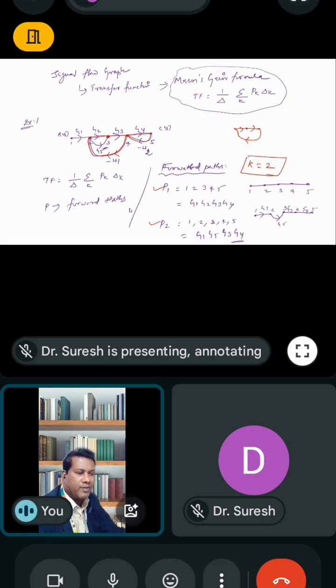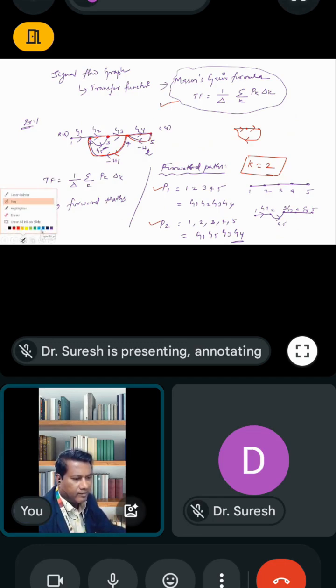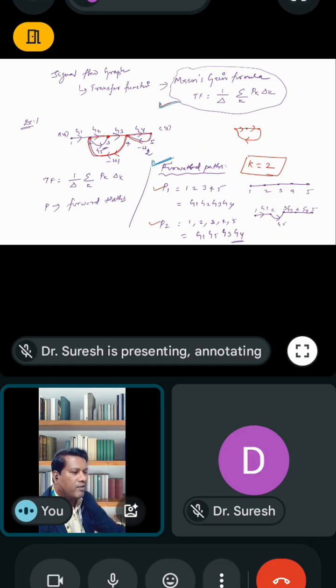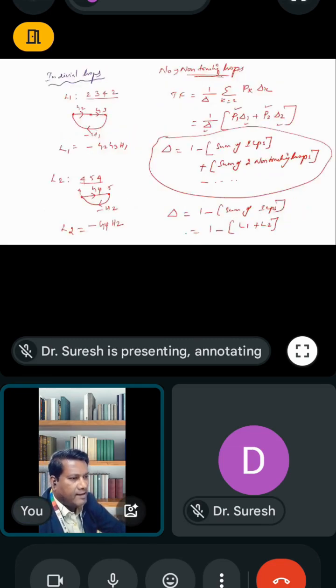For the given example, write Mason's gain formula first, then find the possible forward paths and their corresponding gain values. Next, identify individual loops and their corresponding loop gains.